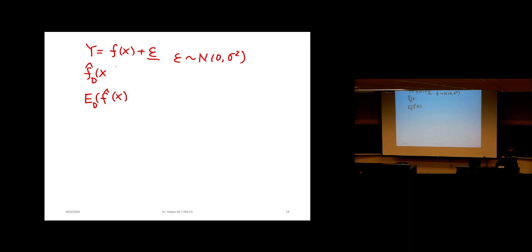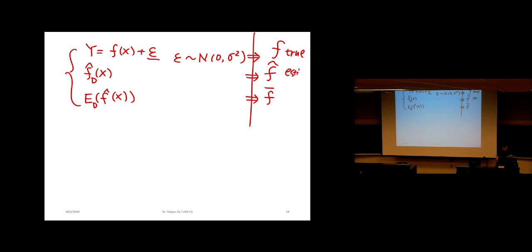So let's just, there are three things we need to consider. I'm going to simplify them as f, the true model, f hat, the estimated, and f bar, the mean, the expectation. I'm just simplifying the representation here. This is the truth, this is the estimated, and this is the mean of the estimated.